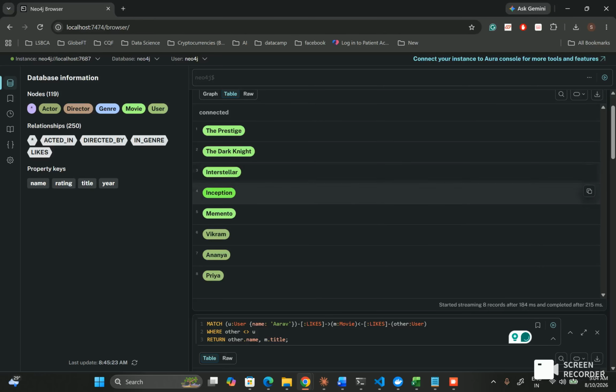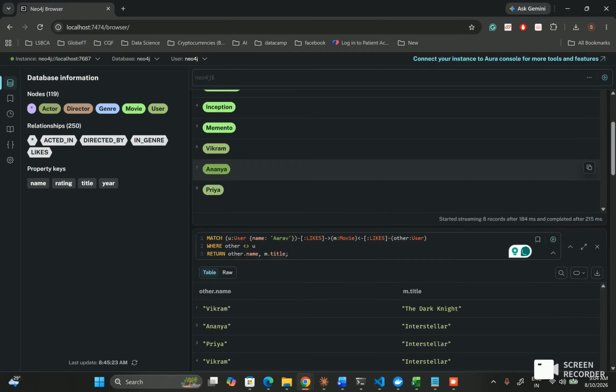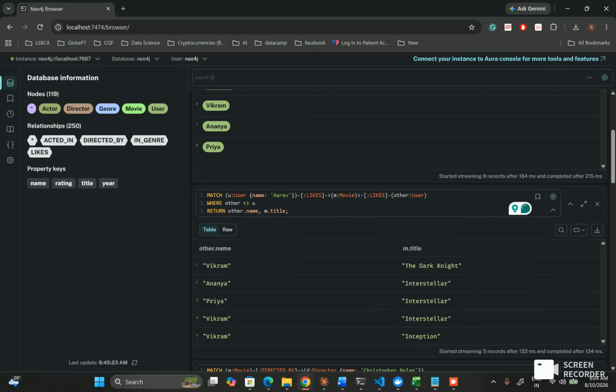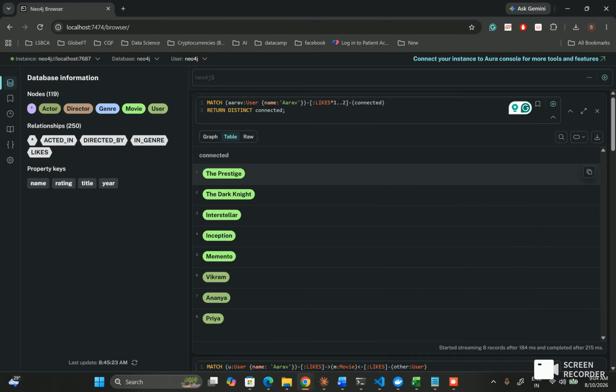And then we have Inception. So this means one or two hops. Let me be more specific by giving you a more direct example. Right now, just try to understand that these are hops, the shortest distance.